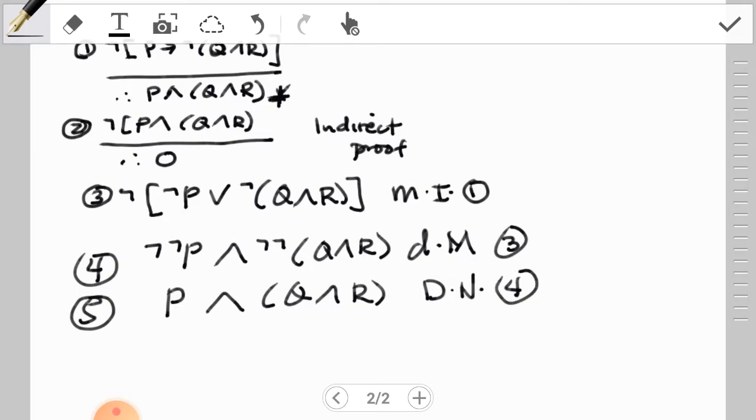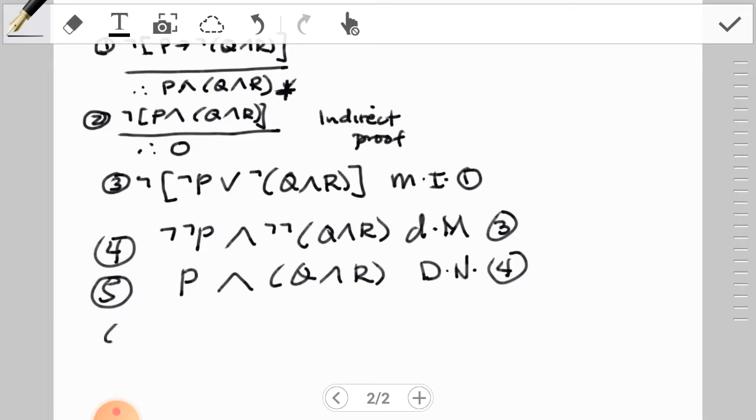And look at what we have here. Isn't it that the resulting premise here is the negation of premise number 2? Or you can have it also vice versa. Premise number 2 is the negation of premise number 5.